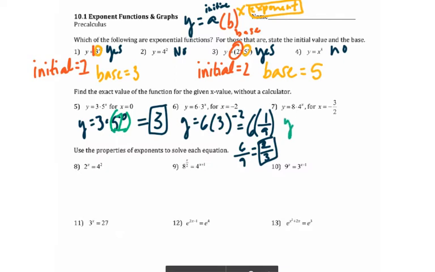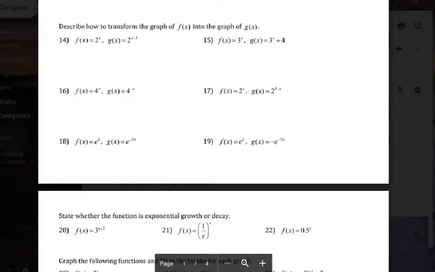Number 7, y equals 8 times 4 raised to the negative 3 halves. Okay. 4 raised to the negative 3 halves. It says don't use a calculator, but you're welcome to use a calculator to double check your work. So 4 raised to the negative 3 halves becomes 1/8.